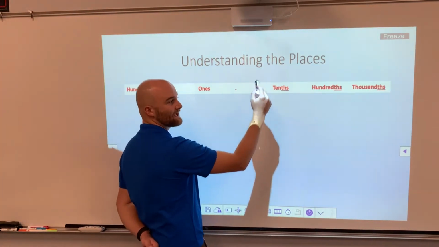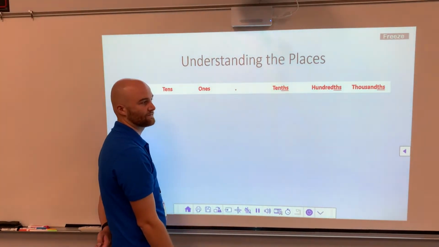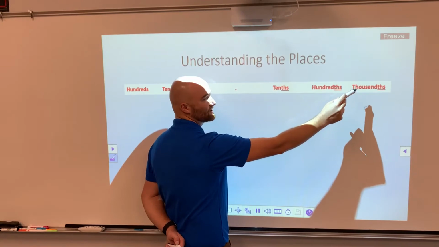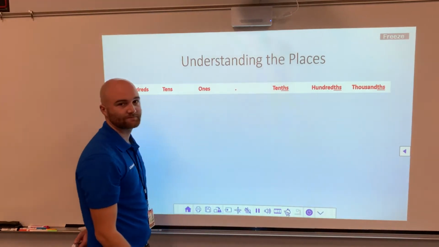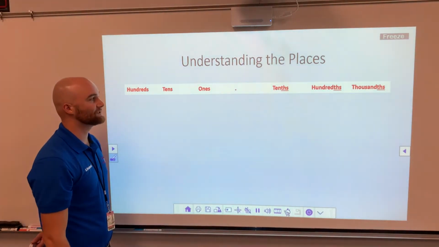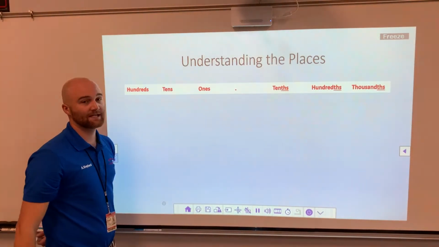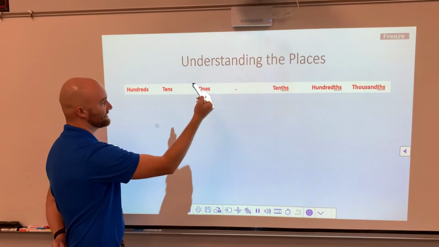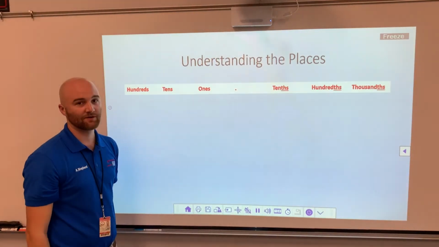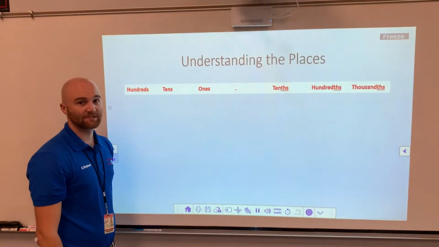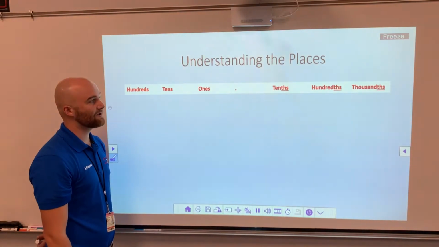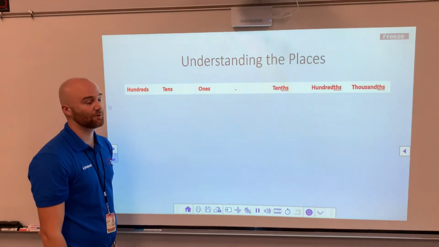Tenths are 10 times bigger than a hundredth. And thousandths are 10 times smaller than a hundredth. All we're doing there is we're saying we know that if we go to the right, we're getting 10 times smaller. If we go to the left, we're getting 10 times bigger. Just by moving where the decimal is, we can change their value. We can change how much they are worth.